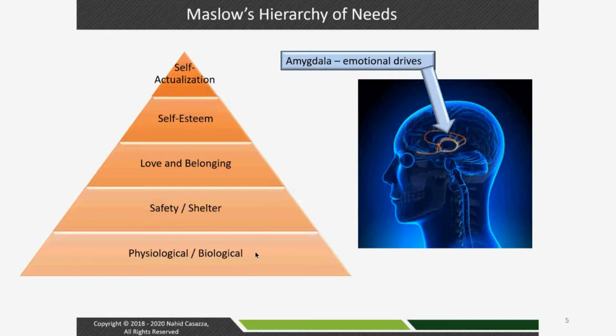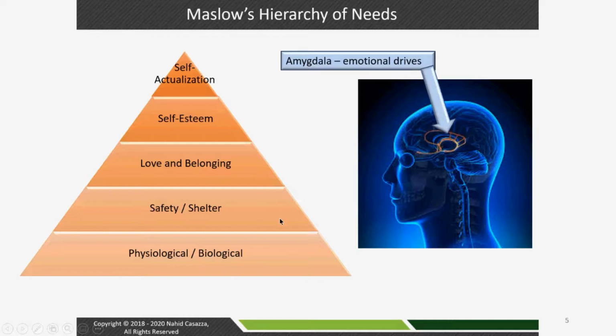When you have plenty of air, usually you're not even thinking about air, you're just breathing it. But if someone's holding your head underwater, or you're having an asthma attack and you're having a really hard time getting air, you're starting to feel a little bit panicky. That is the emotional reaction. That's the trigger from the amygdala that you need to do something to survive, that you need to get this need met. And our goal is to have all of our needs in the pyramid met.